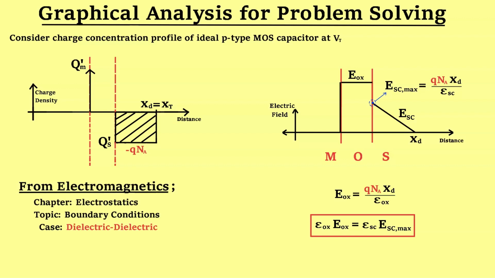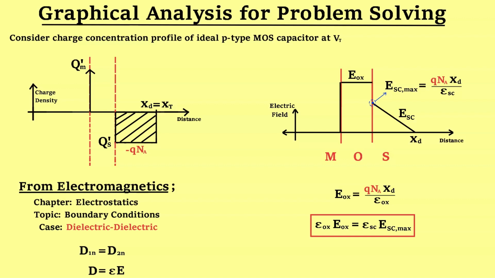In electromagnetics, there is a chapter, electrostatics. In that unit, there is a topic named boundary conditions, which has three cases. One of the cases is when both the media are dielectric. In this condition, the normal component of electric flux density is equal within the two media, where the electric flux density is equal to the permittivity of the medium multiplied by the electric field intensity.